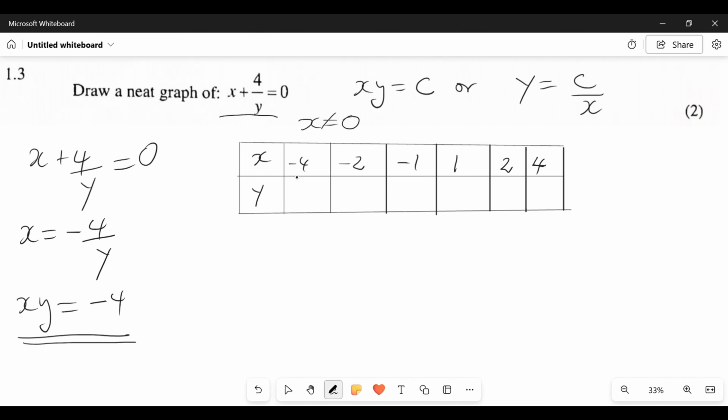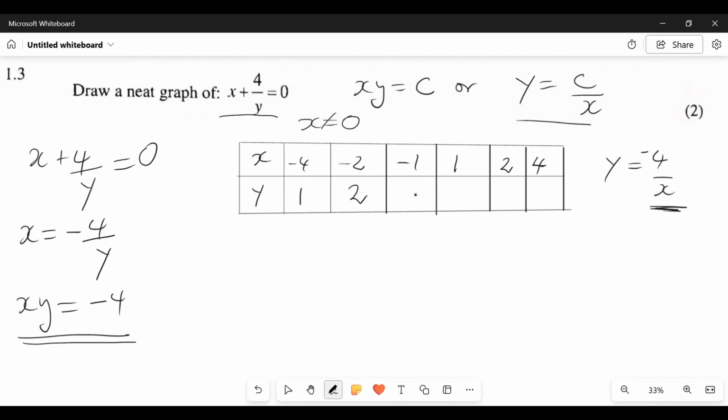There we go. Obviously, we're going to use this formula here, where y is equal to negative 4 over x. So we're just going to substitute the x values into this formula. When x is negative 4, our y is going to be positive 1. When x is negative 2, our y is going to be 2.